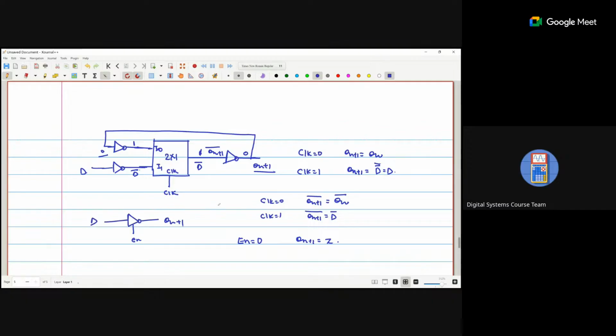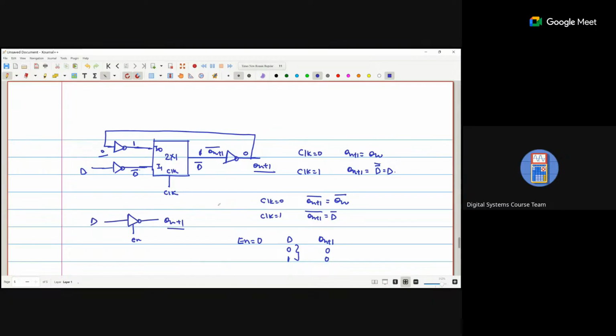So whether we apply D as 0 or D as 1, Qn plus 1 is always the same, high impedance.